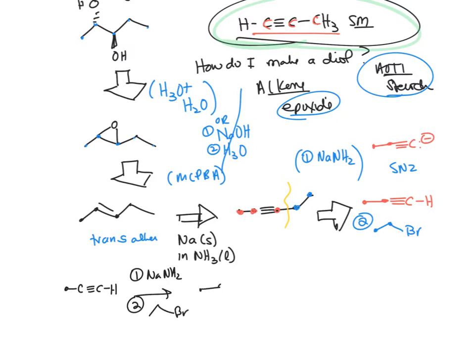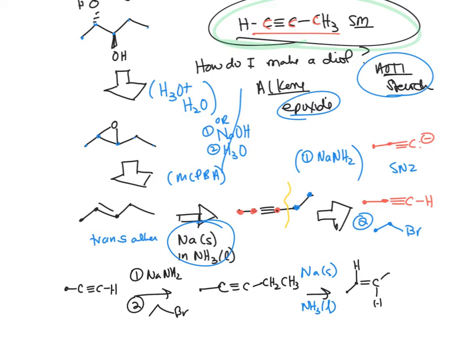And then you can draw your reaction product, CH2, CH3. And then the second thing you do here is you're going to reduce this with sodium solid in liquid ammonia. And then you can draw your trans. It's very important that you draw your hydrogens in so you can see that that's trans.